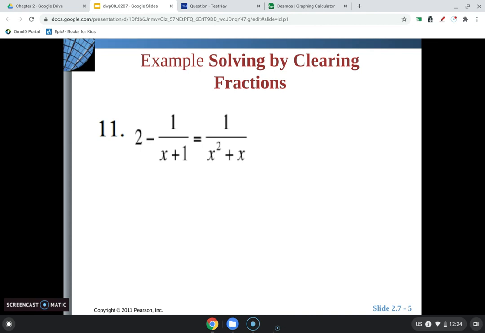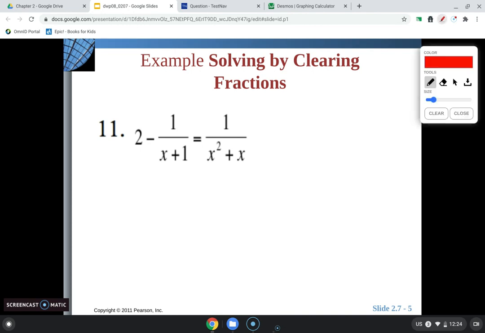All right, let's try number 11. A little different here. If I factor this one, that's the same thing as x times x plus 1 if I factor an x out of that. So that's my greatest common factor.